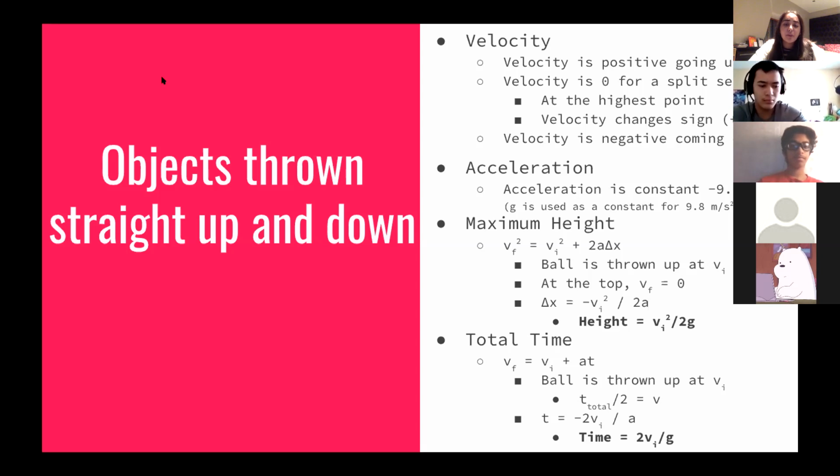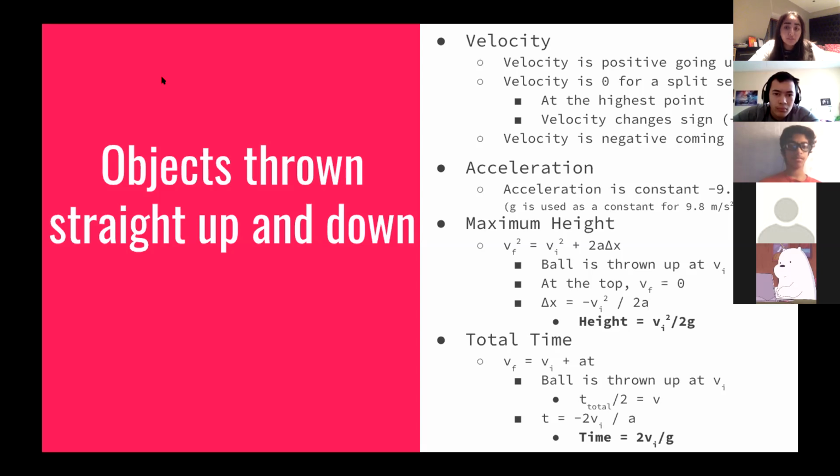So when we derive the maximum height and total time, we use these laws and characteristics of this type of motion to help us solve for a constant truth that occurs in any motion like this. For maximum height, we know that at the top of this motion, the velocity is 0.